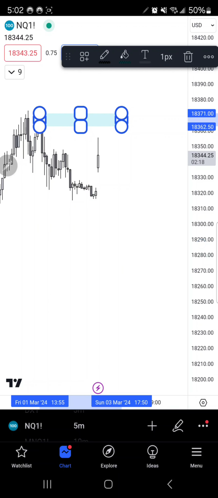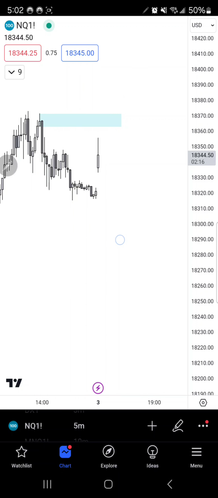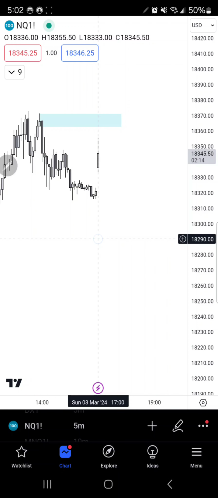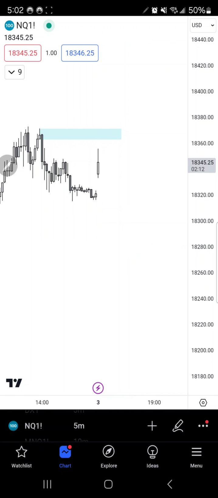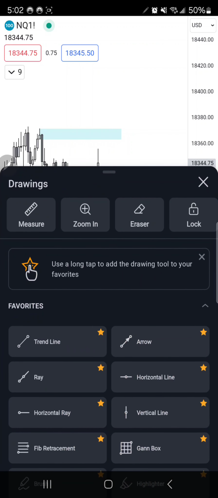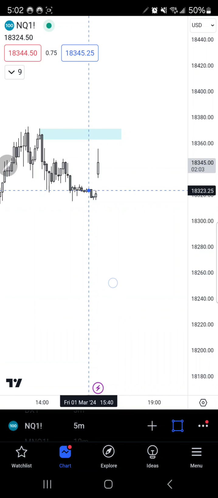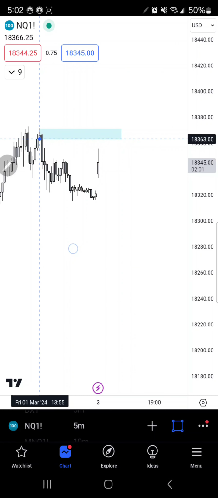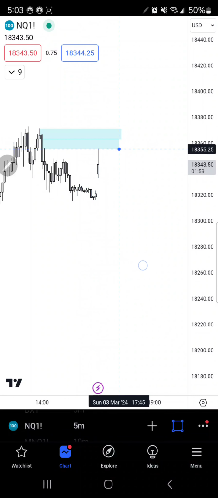As you can see, the first thing I started was marking up that little candle up there, because to me, call it an order block, call it whatever you want to call it. It is what it is. The second thing I also noticed was the gap on that candle. Again, we're on the 5-minute time frame.